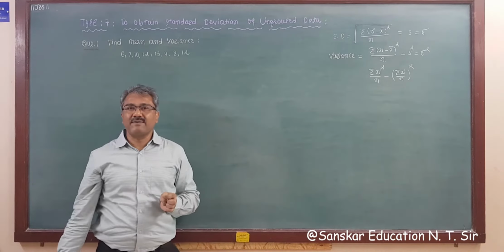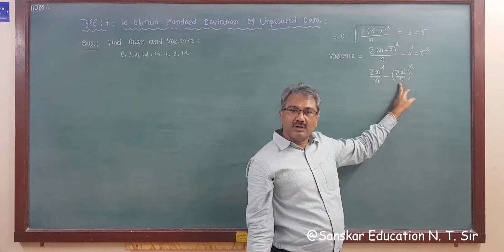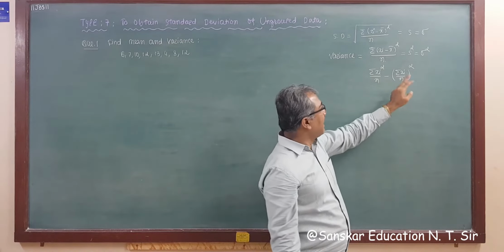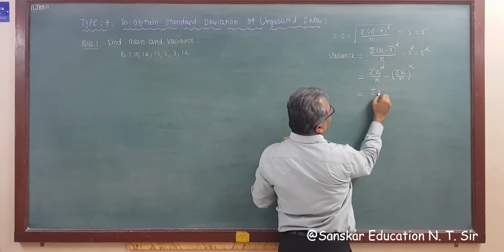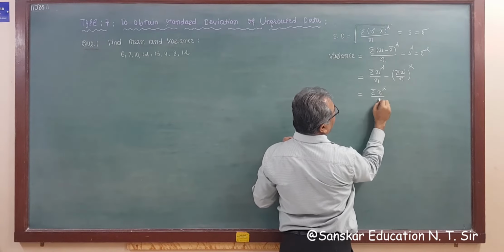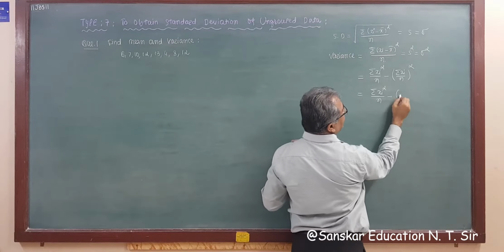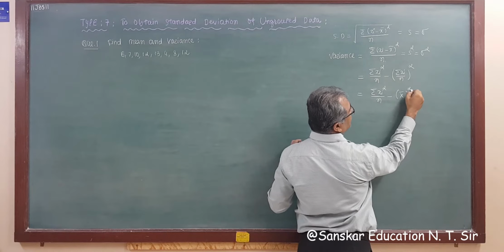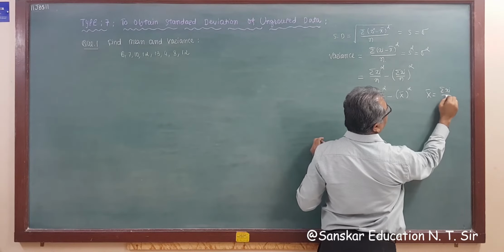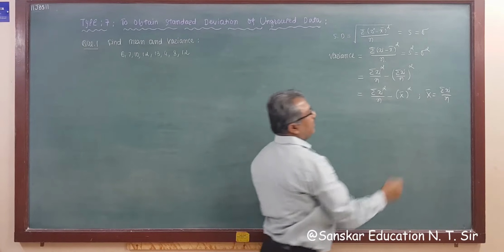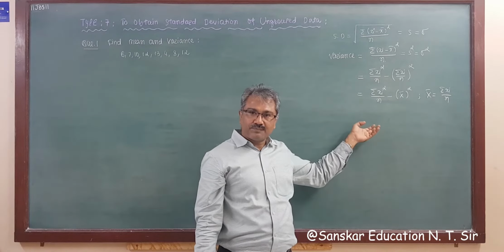Either you can write this as sigma xi square upon n minus x bar whole square, because x bar, that is mean, is equal to sigma xi upon n. So this is the formula.